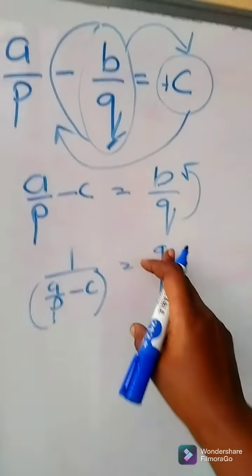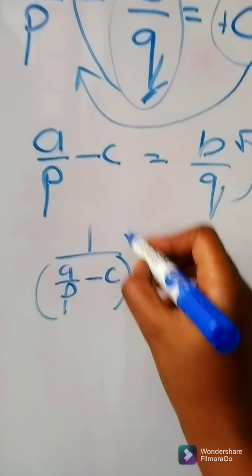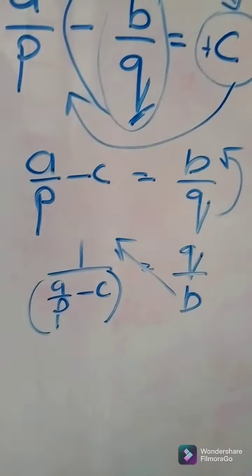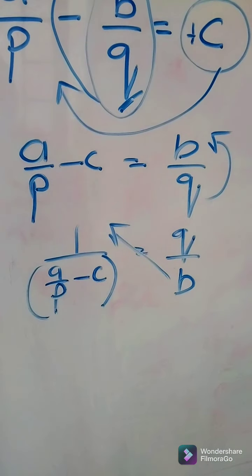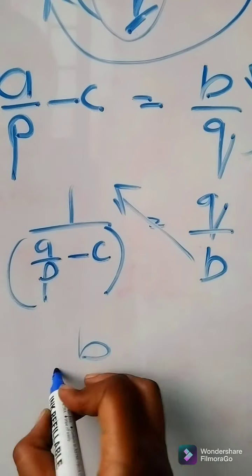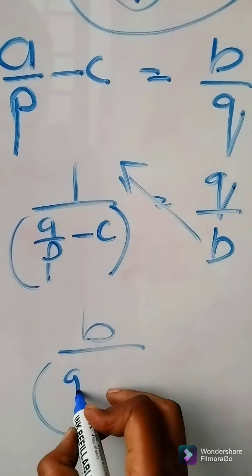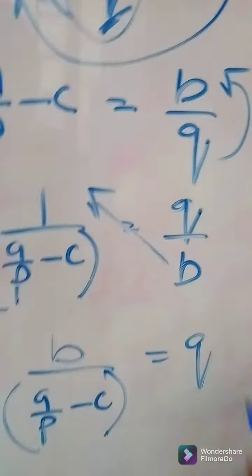I still need only b to be on one side, so I will cross b to the other side. Remember, this is divide, so when it goes to the other side, it becomes the numerator. So that will be b all over bracket a all over p minus c equal to q.